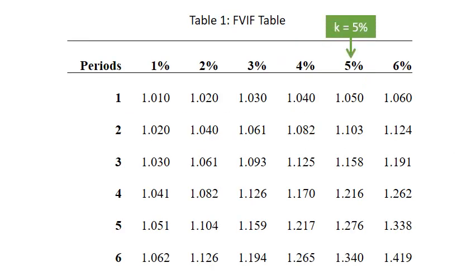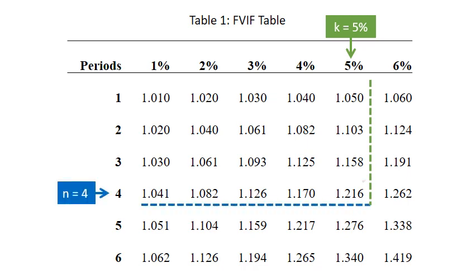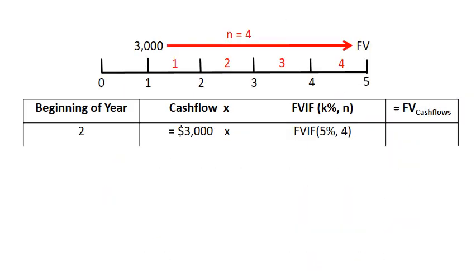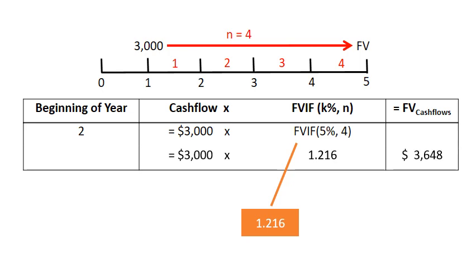We know that K is 5% and N is 4. So the figure we're looking at here is 1.216. 1.216 is taken from the FVIF table. Substitute that in. So we have 3,000 times 1.216 gives you 3,648. So this is the future value for the $3,000 at the beginning of year two.